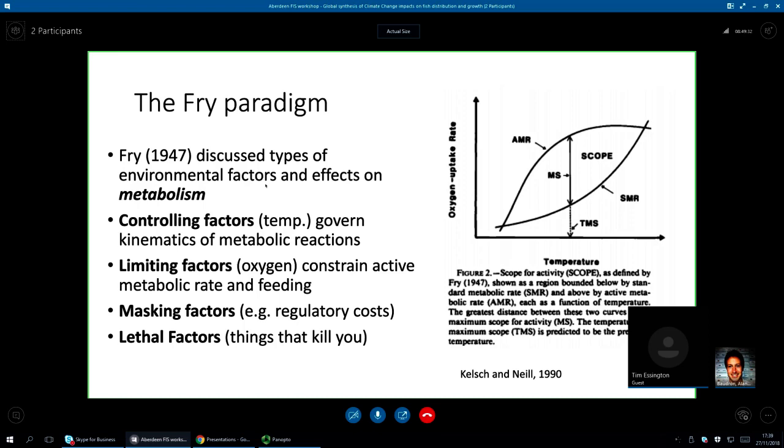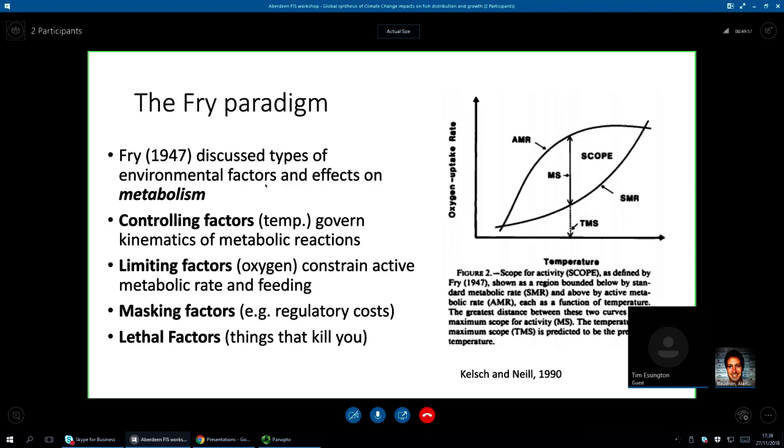Fred Frey was super smart, way ahead of his time, and he basically said we can lump things into the ways in which they affect metabolism. I wanted to put this here because if we're talking about temperature and oxygen availability, they come out as really different factors. Namely, we think about temperature as a controlling factor because it governs the basic kinetics of metabolic reactions.